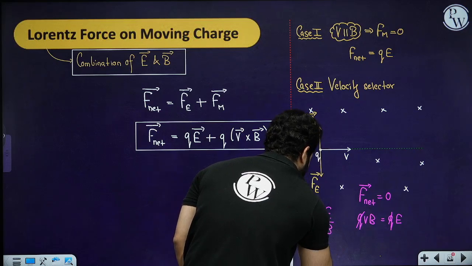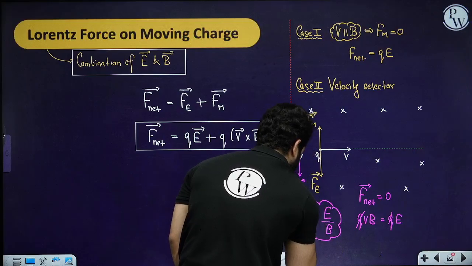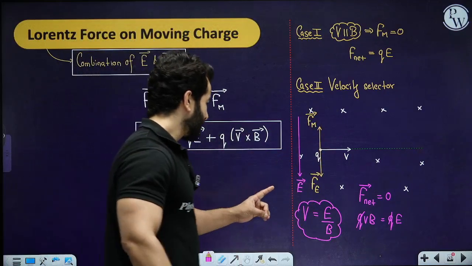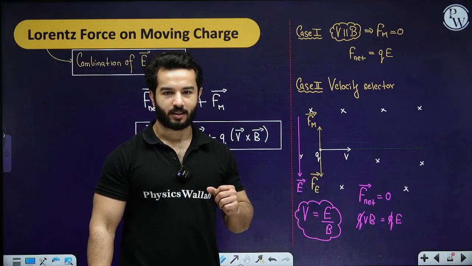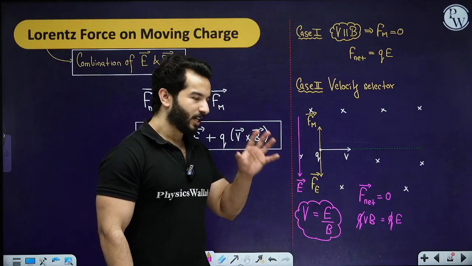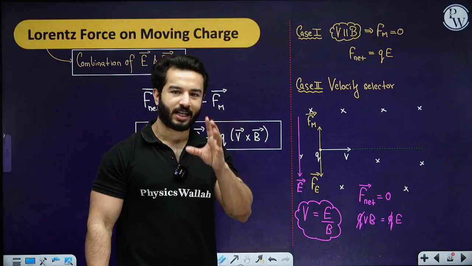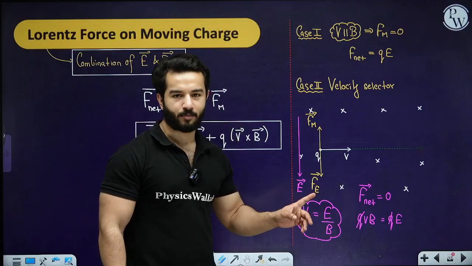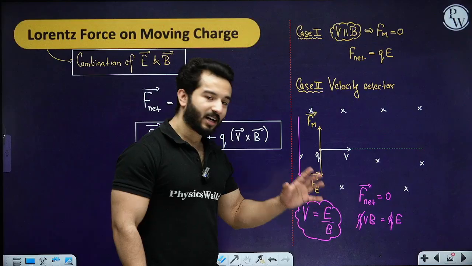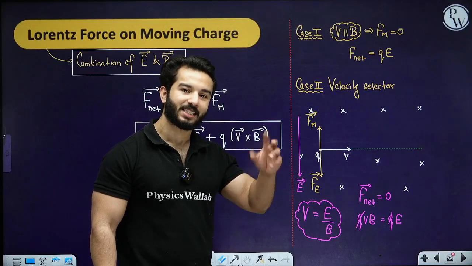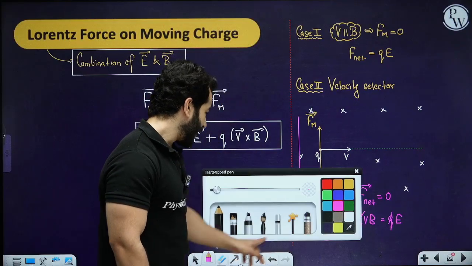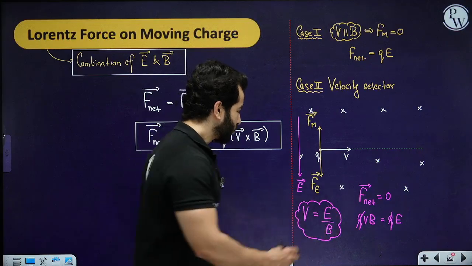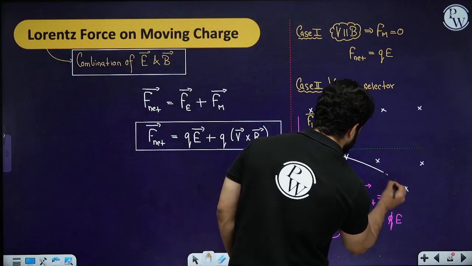So it's really not that if you apply the electric field and magnetic field, charged particles are going to move in a straight path. It is a very specific case. Let's suppose we have many charged particles, and we want to find the charged particles with a certain velocity. That velocity can be found using the ratio E by B. If certain charged particles have velocities greater than E by B, then there will be more electric force on them, and those will move something like this.